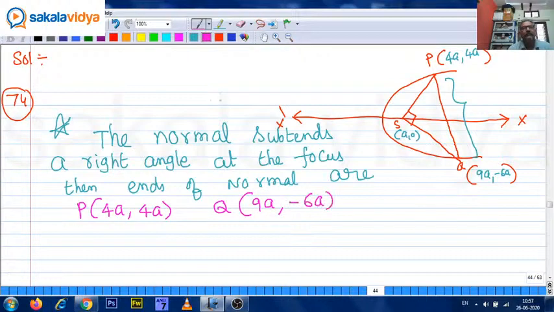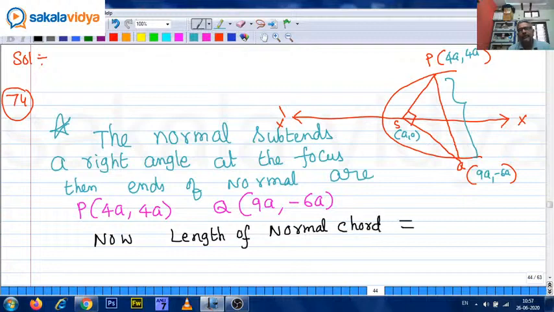So now length of normal chord PQ. That means distance between these 2 points we need to find out.